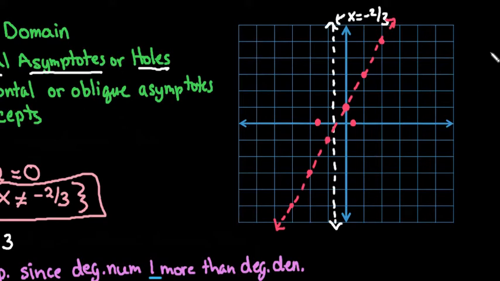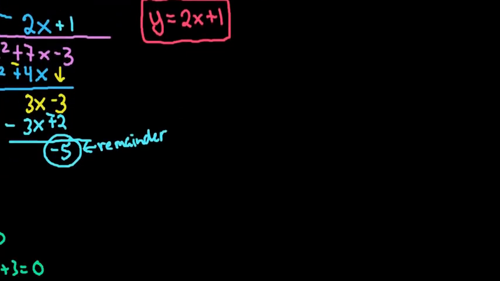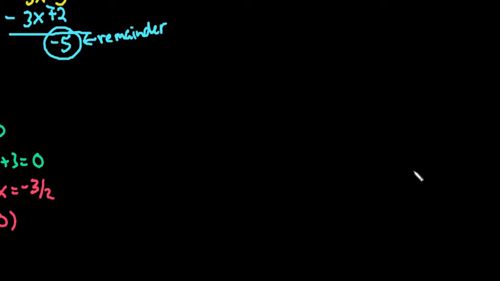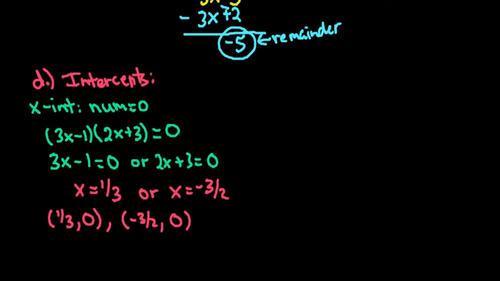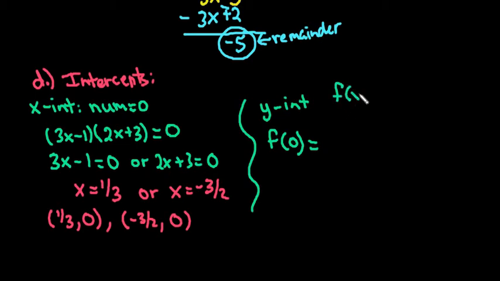Okay, the last thing that we want to look at is the y-intercept, which is what we get when we plug in 0 for x. So we want to find f of 0 in our original function. Our original function was, I'll write it down here so you have it again, 6x squared plus 7x minus 3 over 3x plus 2.